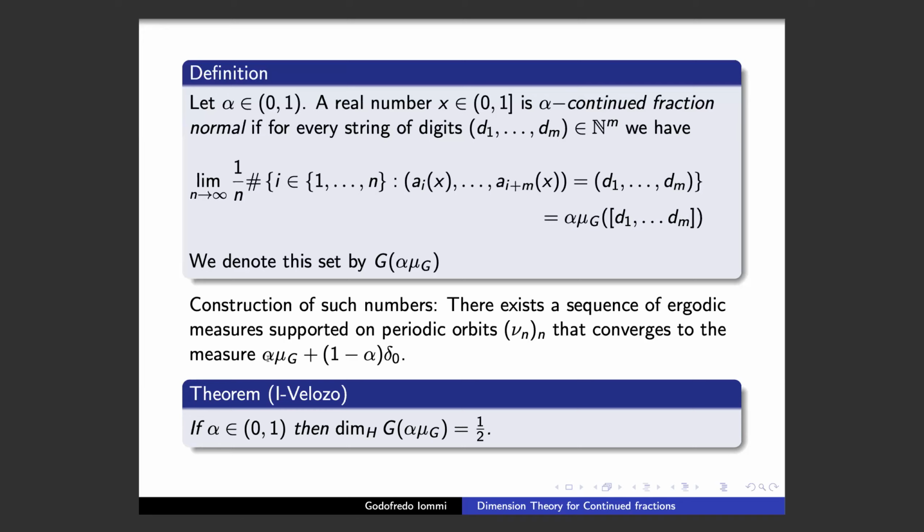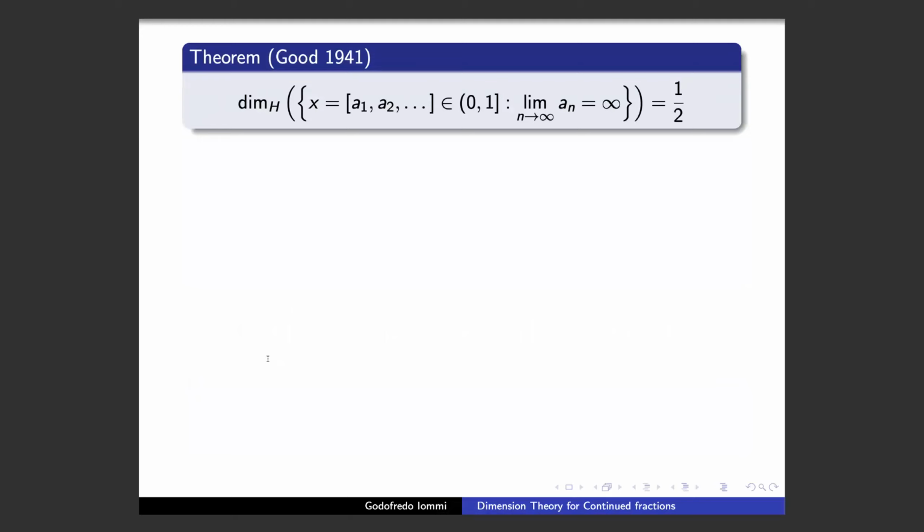The first of such results, so we're looking then at points for which the frequency of appearance of the digits is a third, a fifth of what is expected and predicted from the Gauss measure. So long ago, in 1941, Good proved that if you look at the set of points for which the digits, or the partial quotients, converge to infinity, the Hausdorff dimension of that set is actually 1/2.